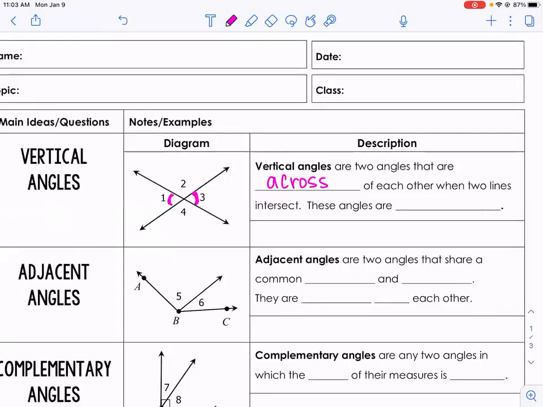Do you see how they make V's? These angles are, like Corin said, congruent. So I'm going to write: angle 1 is congruent to angle 3.